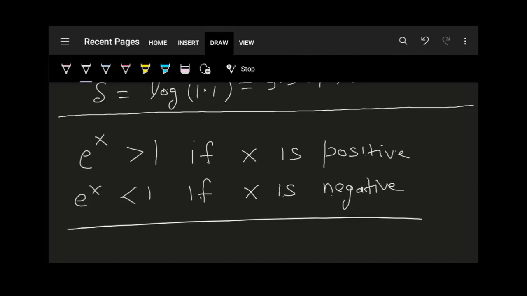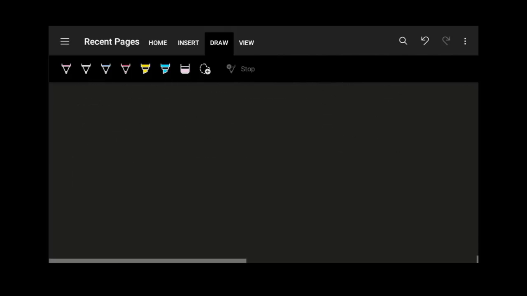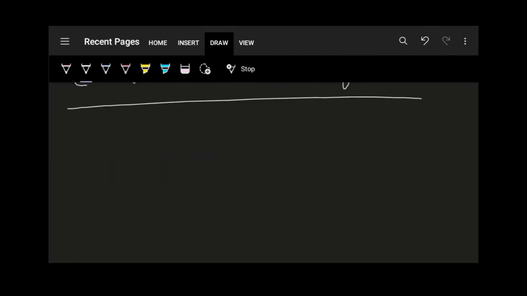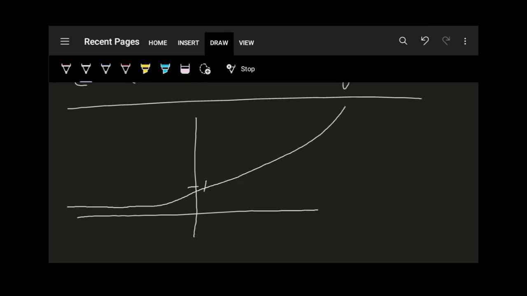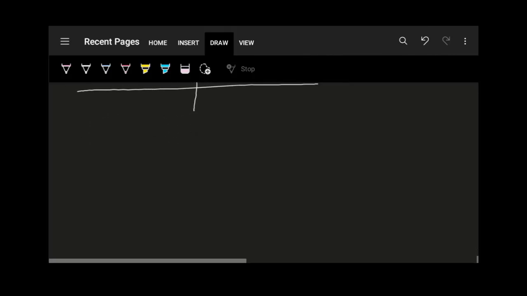You can also observe this from the graph of e to the x, which looks like this. Suppose this is 1. So the graph of e to the x looks something like this. We see e to the x is greater than 1 for positive values and less than 1 for negative values.